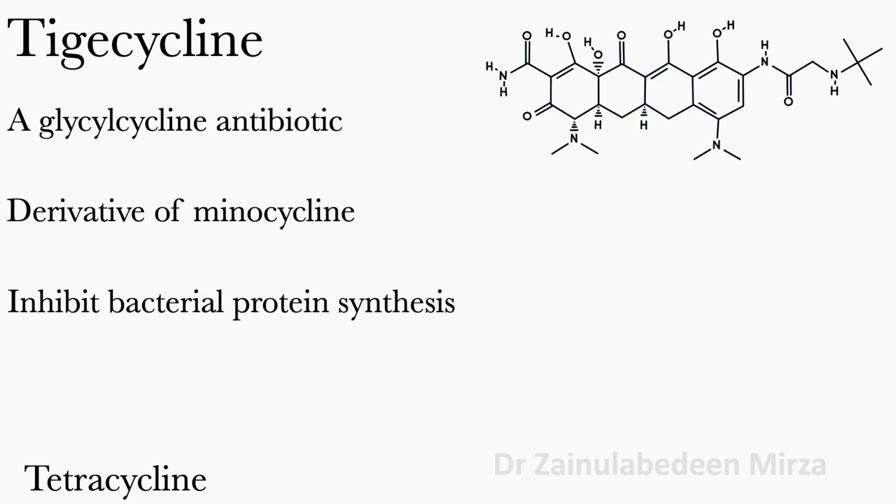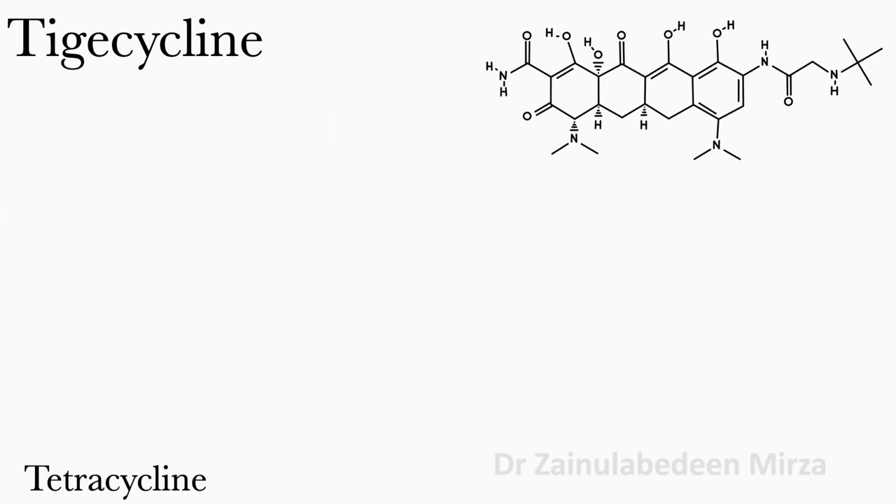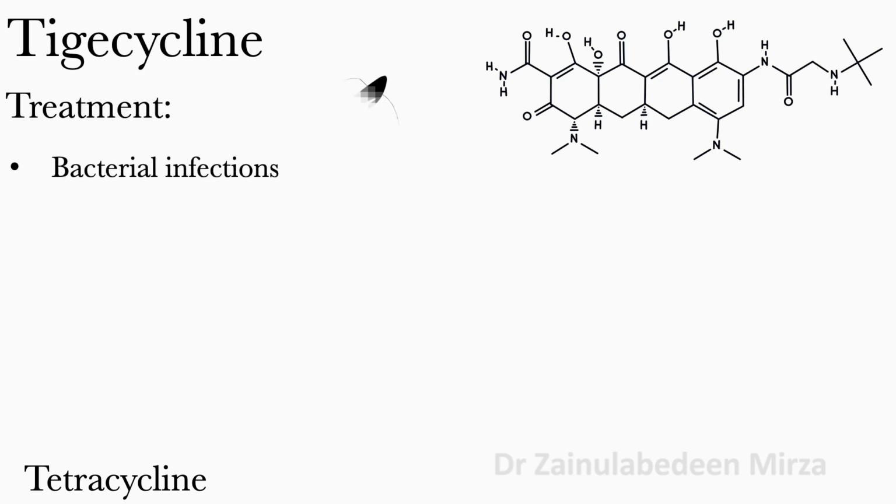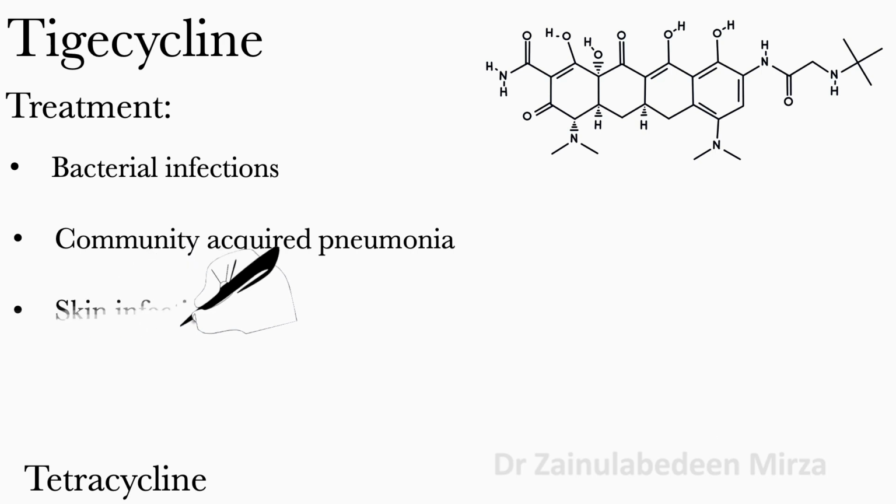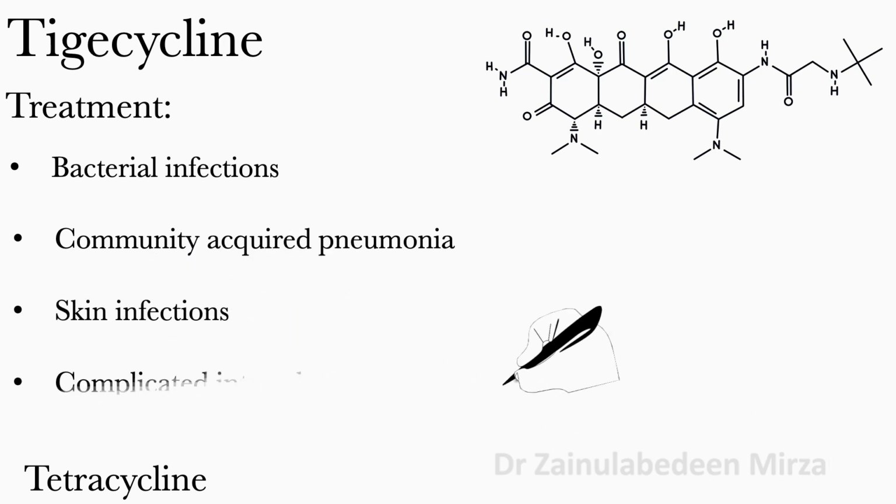And tigecycline is bacteriostatic. Tigecycline is an antibiotic used to treat a wide variety of bacterial infections, and it is used to treat community-acquired pneumonia, skin infections, and complicated intra-abdominal infections.